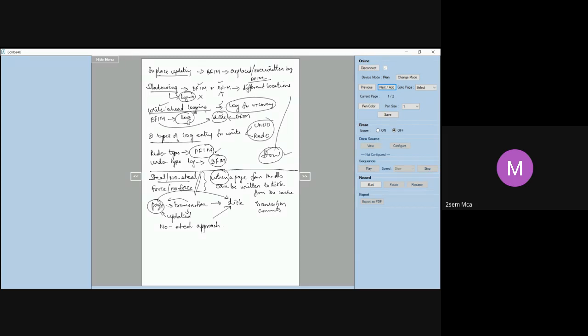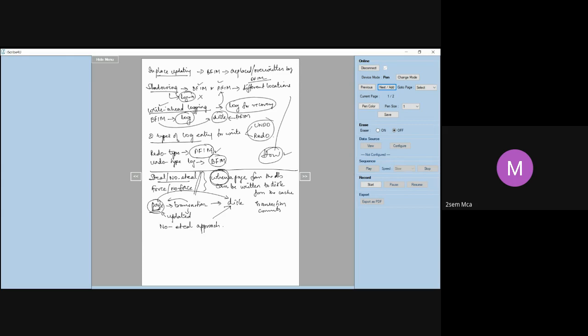Here what we are seeing is when you can update a particular page. That is the difference. Let us say this page is updated by a transaction. Now I want to update this page in the disk. I may use either in place updating or a shadowing concept.